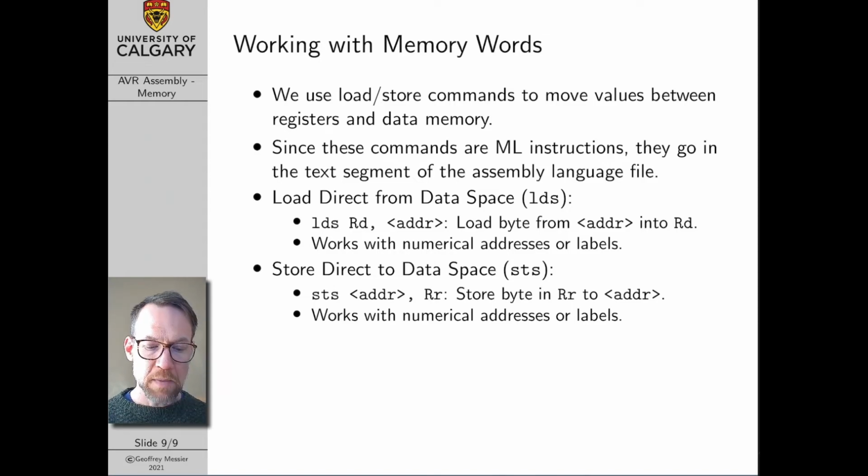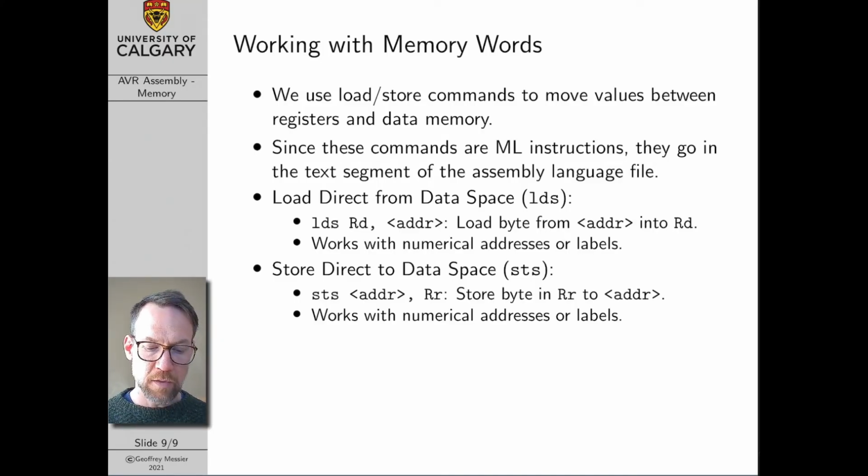Now, we implemented load store commands using the X, Y, and Z register pairs. Those are still fully available to us if we want to use them. However, I'm going to introduce two new variants of the load and store commands that are just a little bit more efficient for the purposes of our discussion in these lectures.